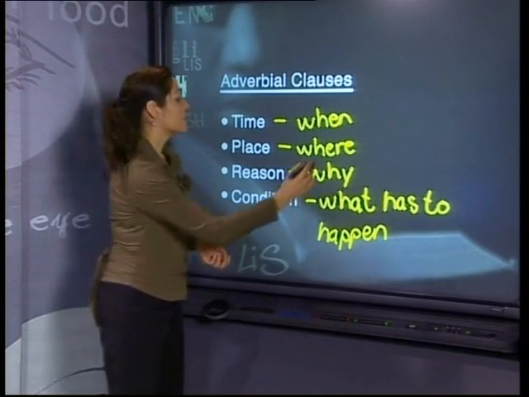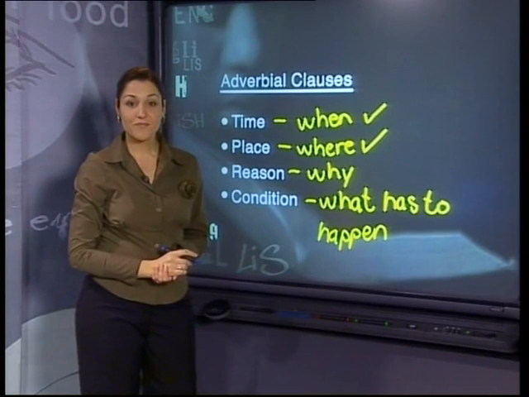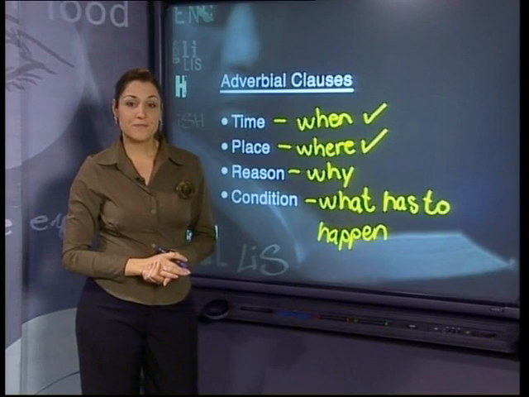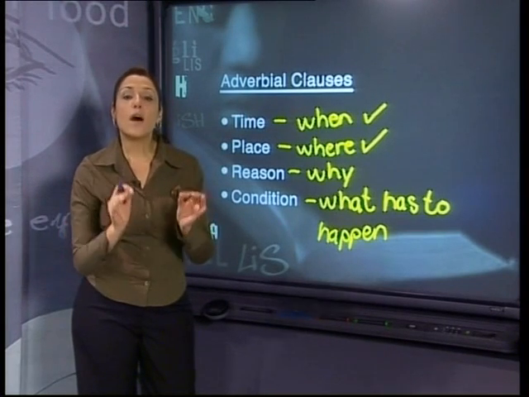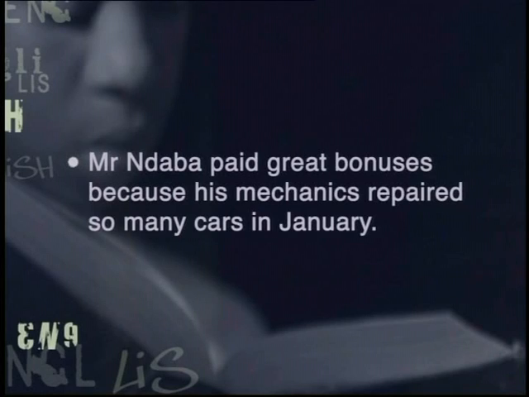We have asked when and we have asked where. Next, we look at the adverbial clause of reason. These tell us why the event happened. Here is an example. Mr. Ndaba paid great bonuses because his mechanics repaired so many cars in January.